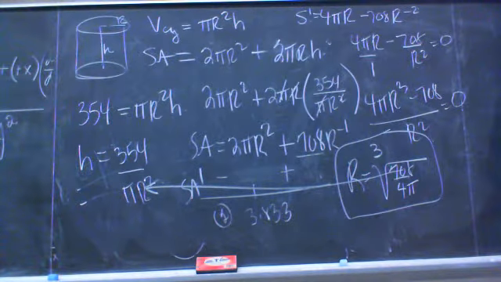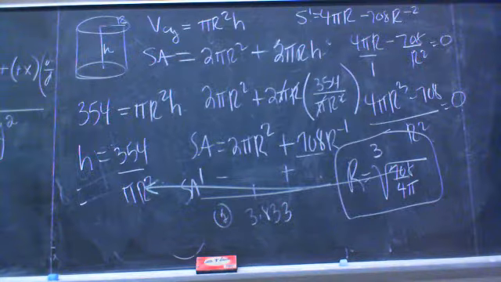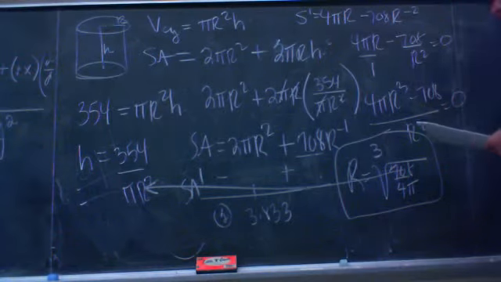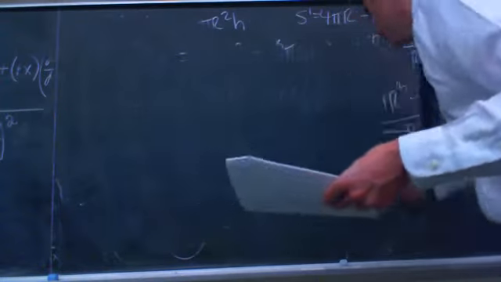Okay, flip the page over to number 6. A gardener wants to enclose 600 meters squared area of land in a rectangular plot, and divides it into 2 plots with the fence parallel to one side. What dimensions will minimize the least amount of fencing required?